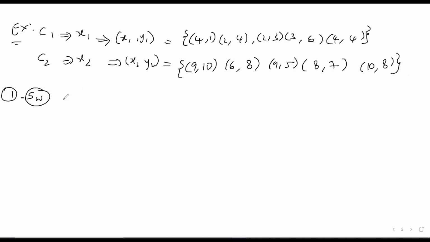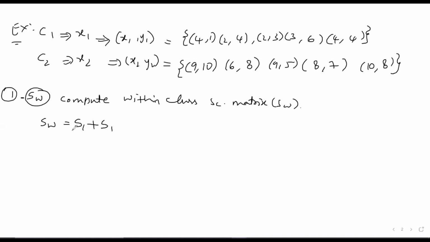The SW formula will be S1 plus S2. S1 will be the covariance of class 1, and S2 will be the covariance of class 2.